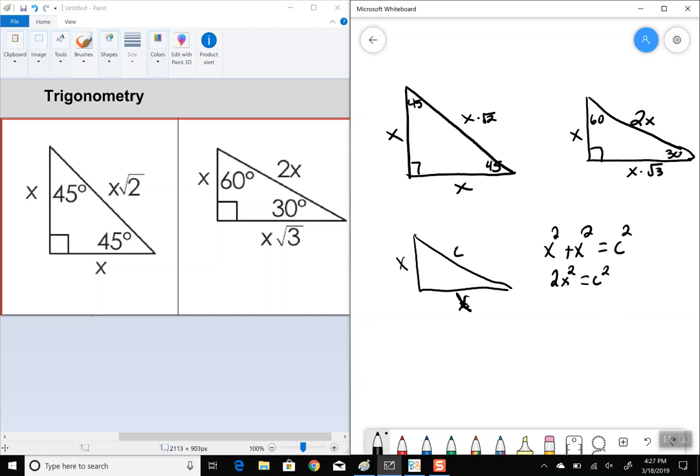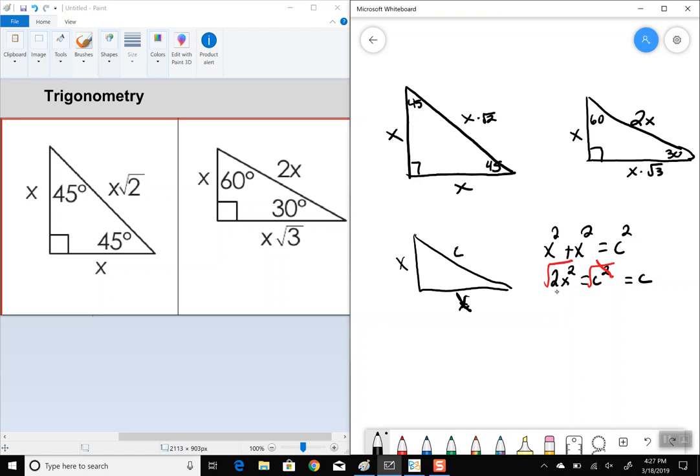And if I want to solve for the side, to get rid of a square, I need to take a square root on both sides. So if I take the square root, take the square root, that cancels, leaving me with just c. And I have the square root of 2x squared. So there's a couple things to remember here.